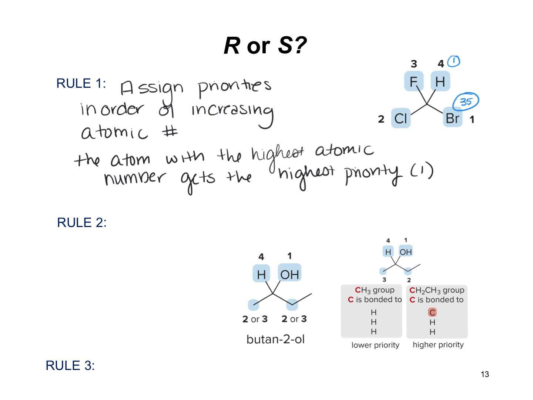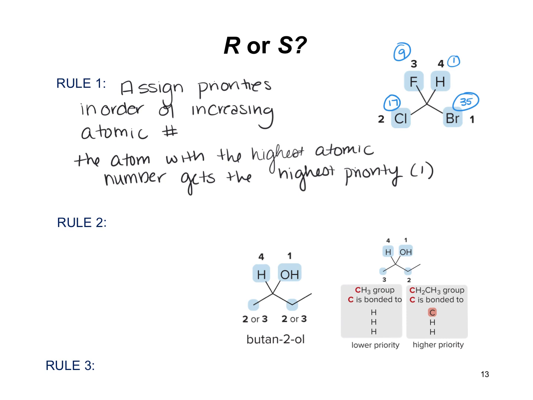And then chlorine is 17, and fluorine is 9. Those are the atomic numbers. And you can see the atomic number of 35 is the highest, so that gets the first priority. Chlorine gets the second priority at 17. Fluorine gets the third at 9. And then hydrogen gets the last at 1. Okay? And so that's our first thing that we do.